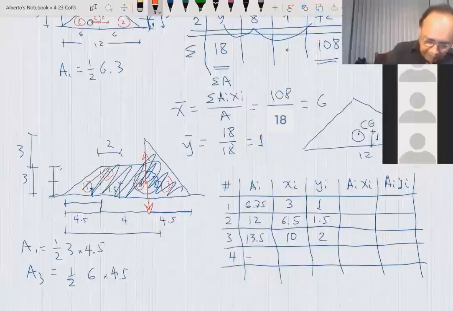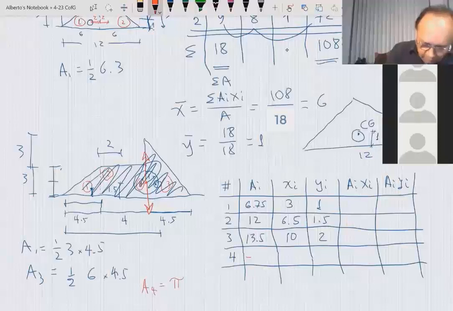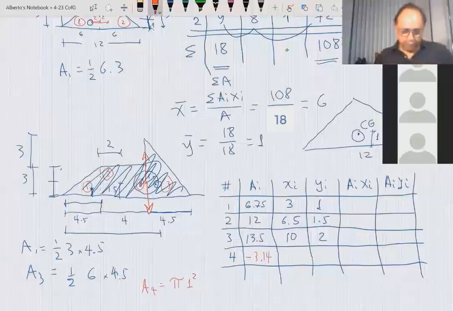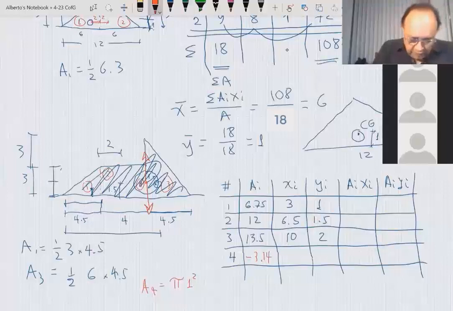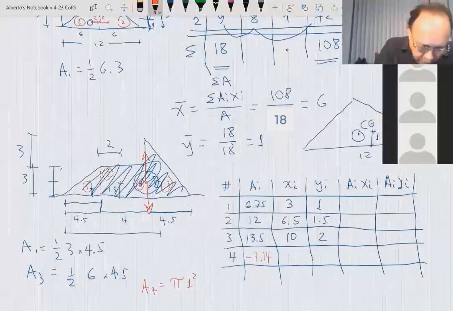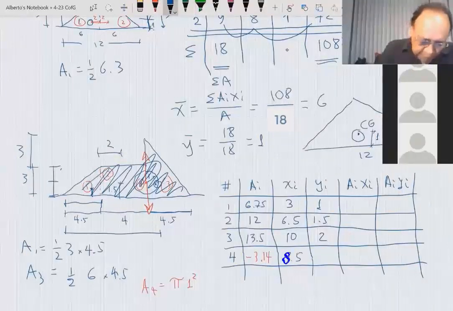The area of the circle is pi r squared, and the radius is 1, so it's minus pi. The location of the centroid is at 4 plus 4.5, 9.5, and the height is 1.5.